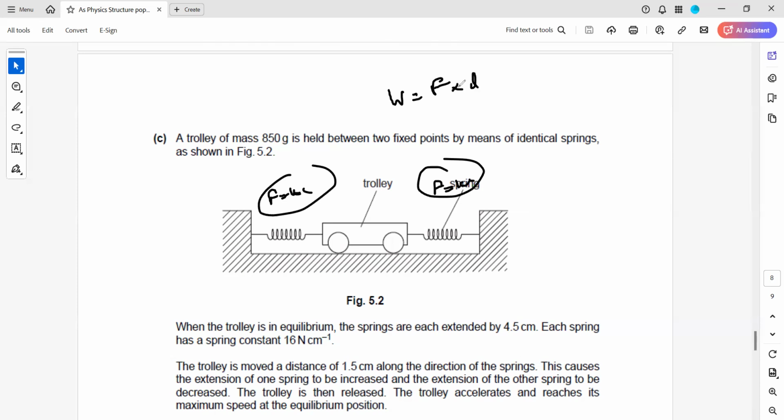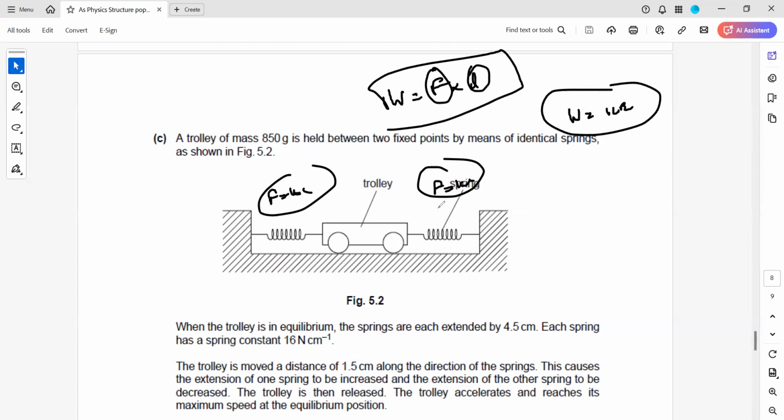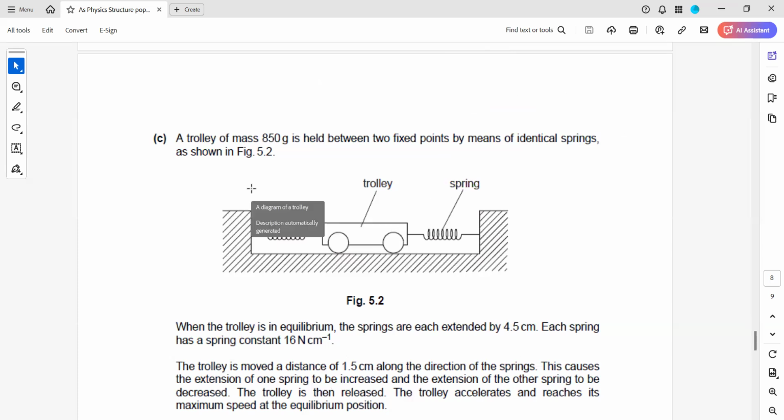Work done is force times distance, so the resultant force times the distance moved will give us the work done. And that work done will be equal to KE. That's another way of doing the same question. D is the distance it moved. It's given here, it moved 1.5 centimeter. So both ways are acceptable.